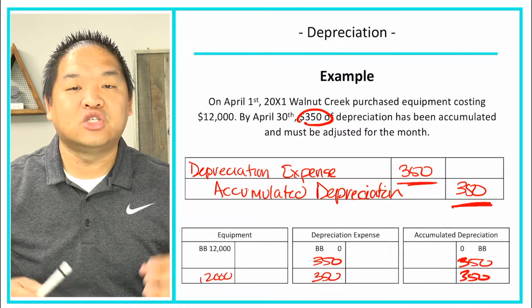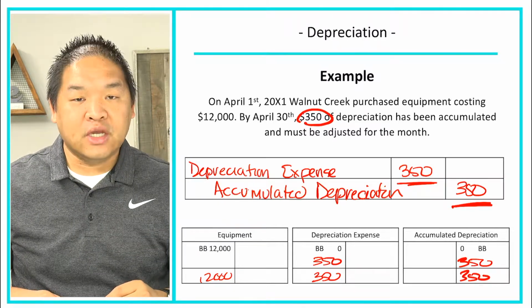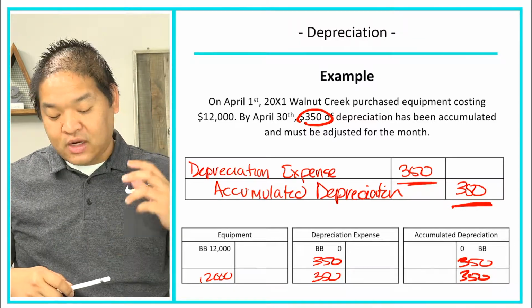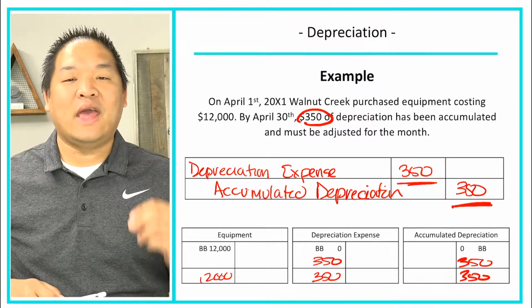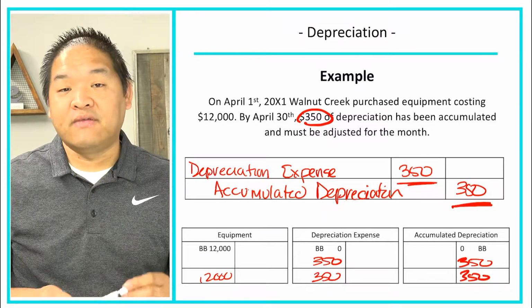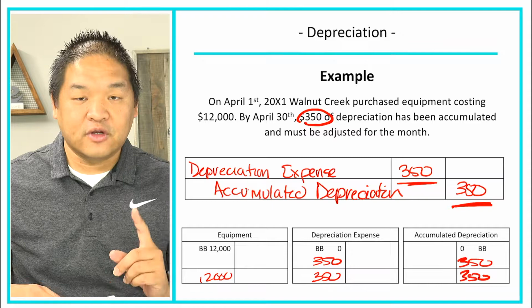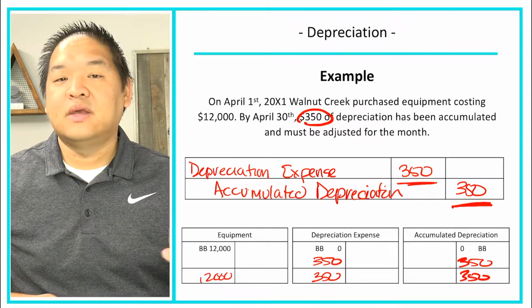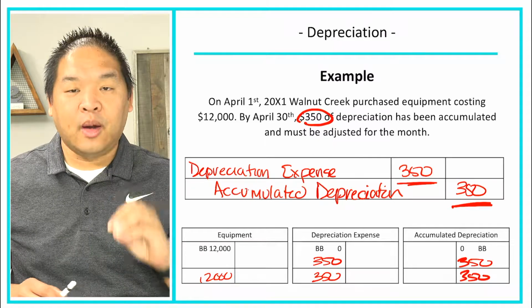Right underneath it, it's going to show accumulated depreciation for $350 and a net equipment of $11,650. So this asset is now worth $11,650 after its first month of use. Is that what it's worth in the market? No, it's what it's worth in our books.